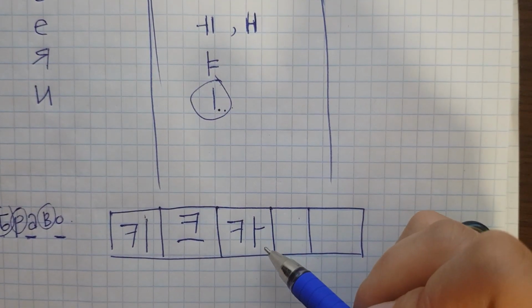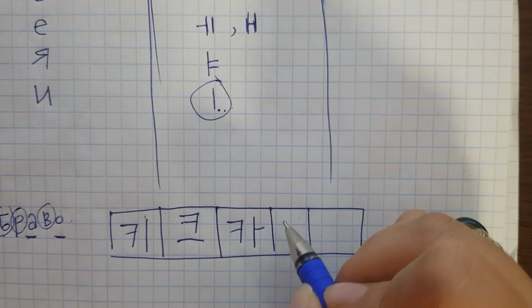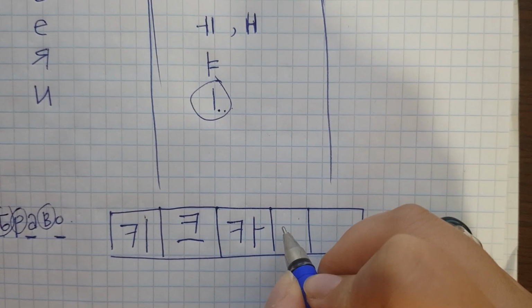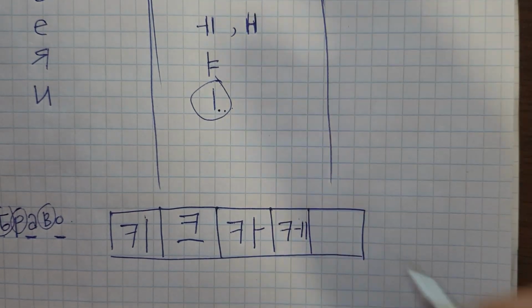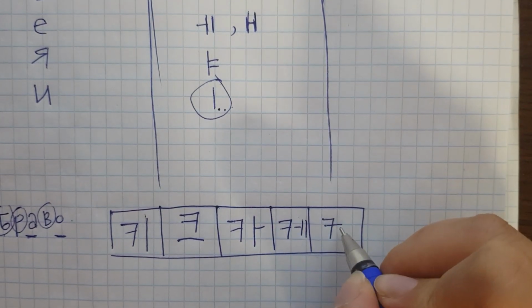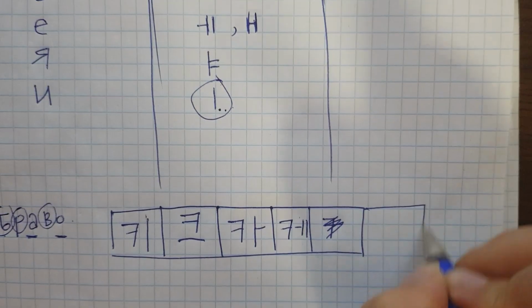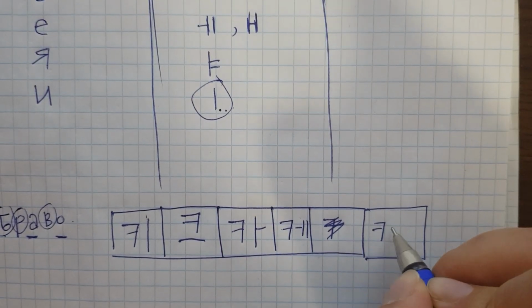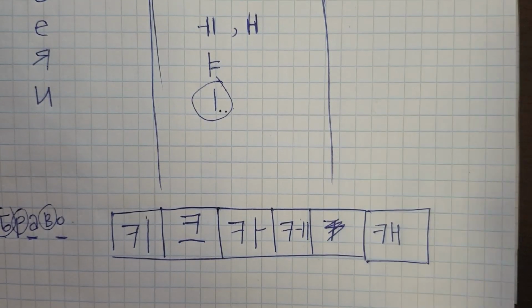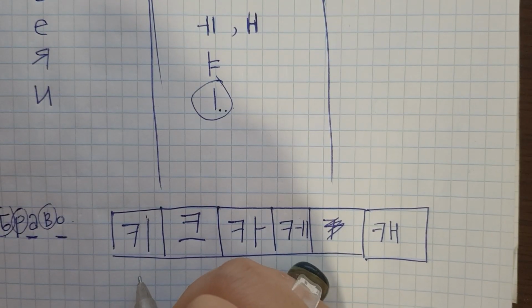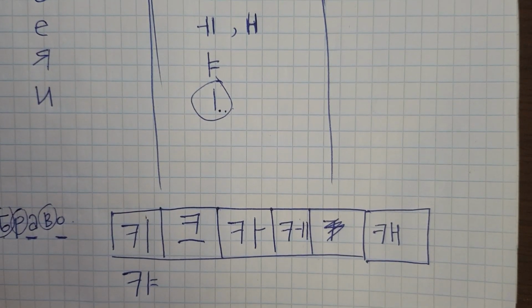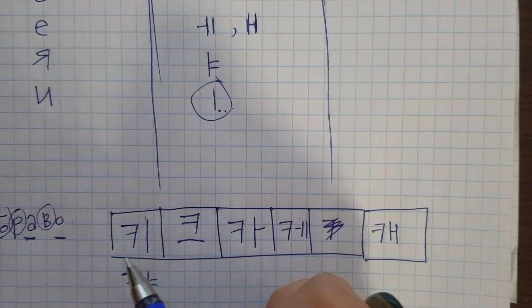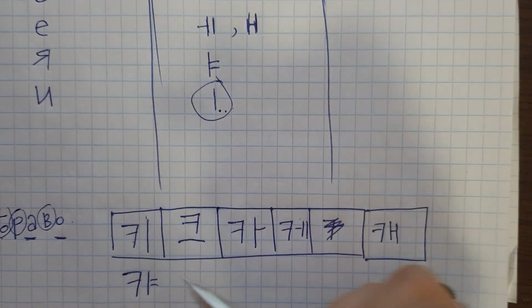So that is ka. And how do we make ke? Like that. Now how do we do kya? Like this, kya.